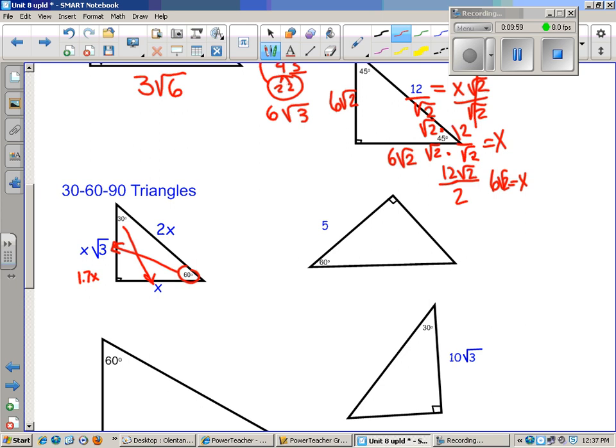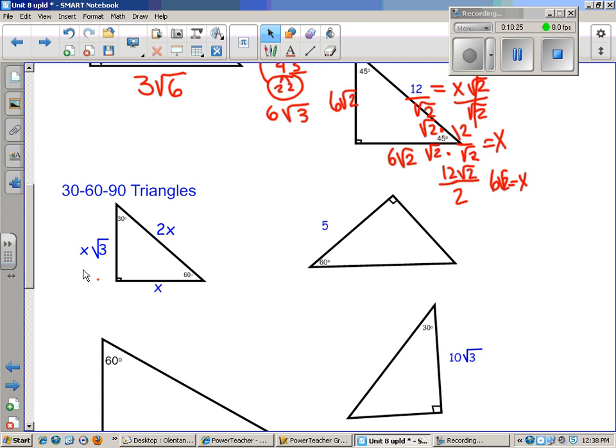So the x is across from the smallest angle, the x square root of 3 is across from the medium-sized angle, and the 2x is across from the largest angle. Okay? So it's x, x radical 3, 2x. So if we go through, if this side is 5, what's this side?